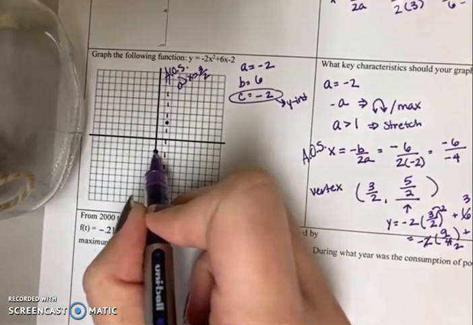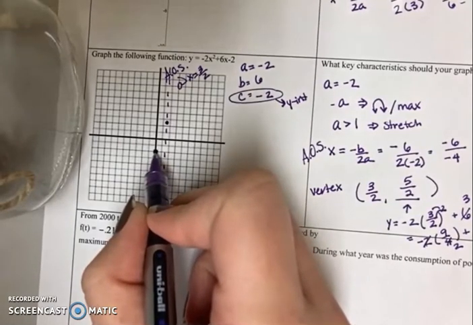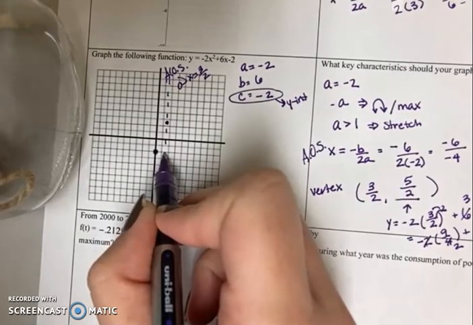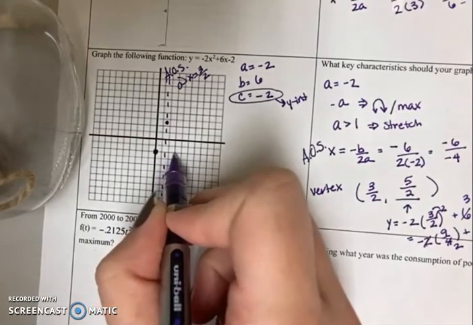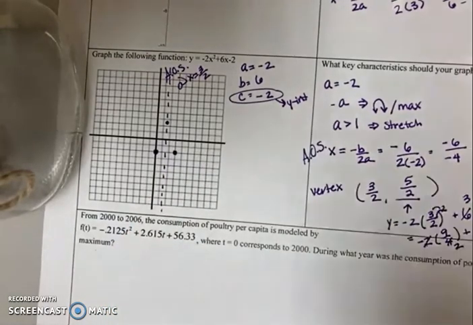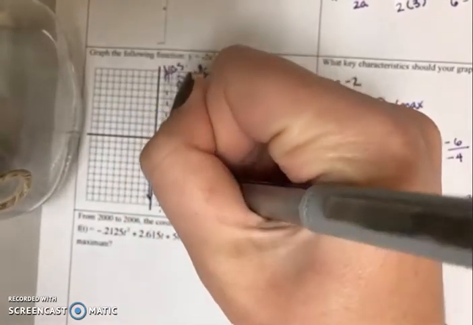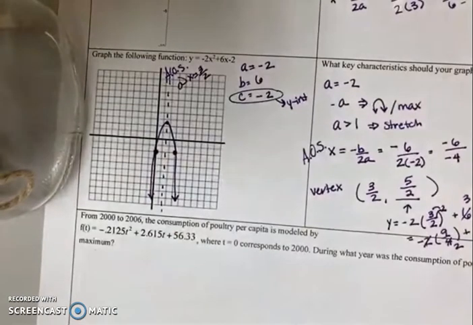So this point here, my y-intercept of -2, is 1 1/2 units to the left, meaning I can plot a point 1 1/2 units to the right. I now have 3 points, which means I can connect them and create a parabola.